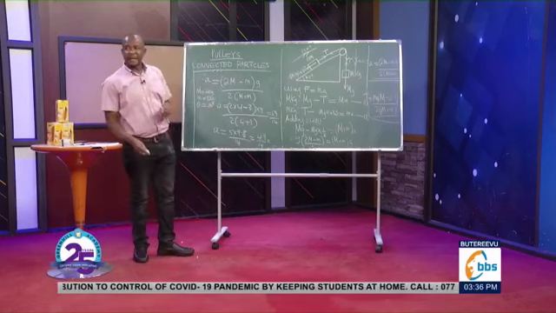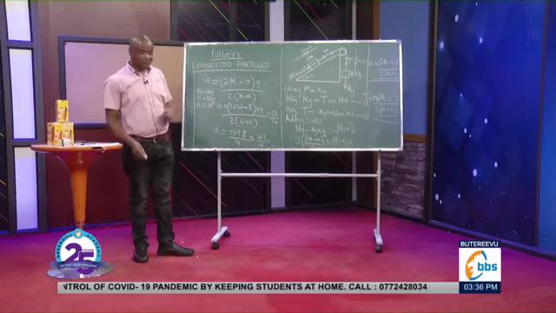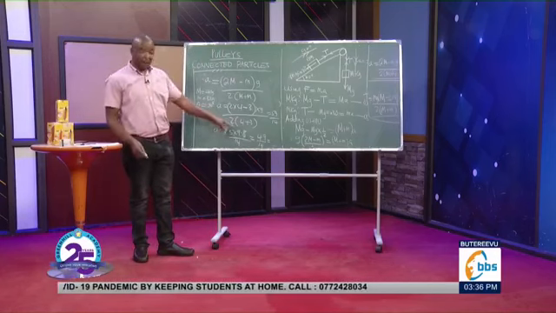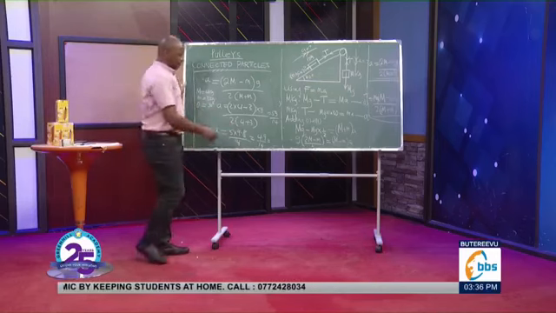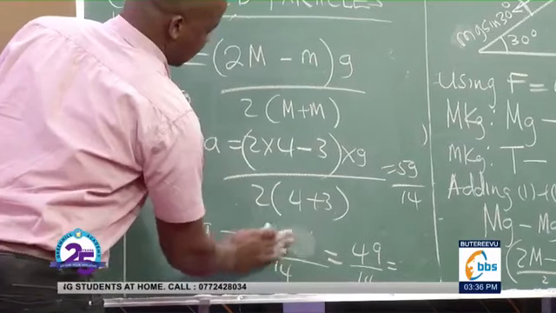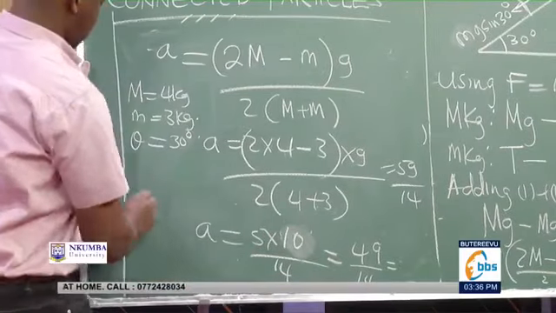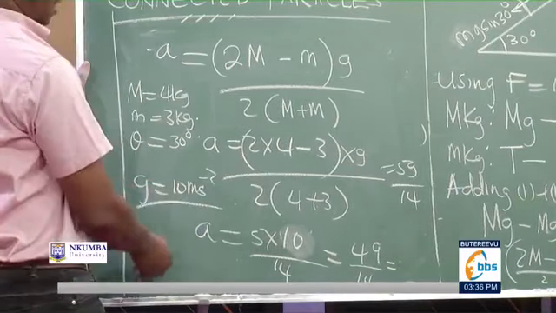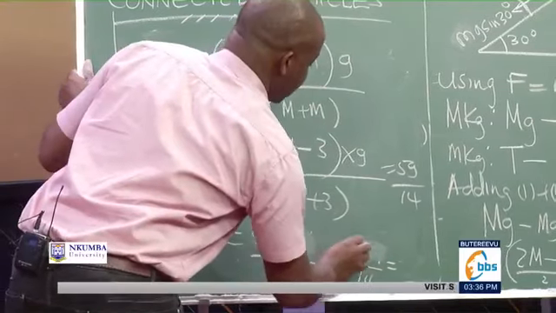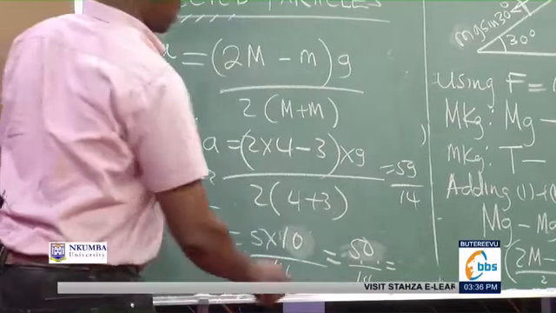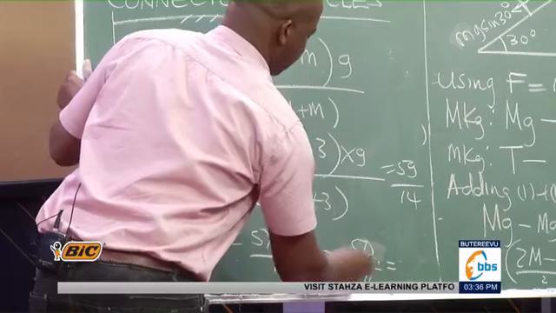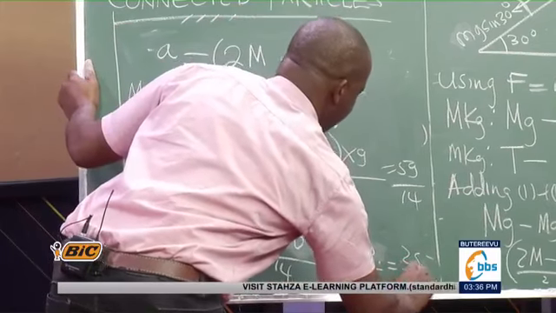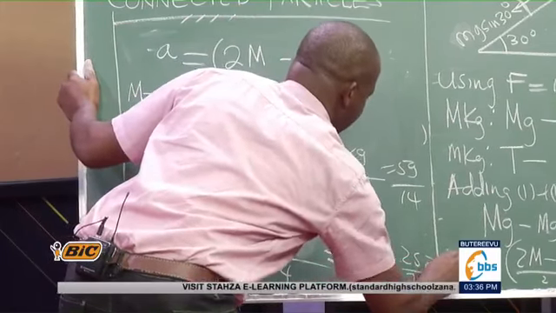Now, the reason I used that answer here, I considered g as 10. G can be considered as 10 if you round off. So assuming that we use g as 10, we have actually 50 out of 14, and if we take it through by 2, we have 25 out of 7 meters per second squared.